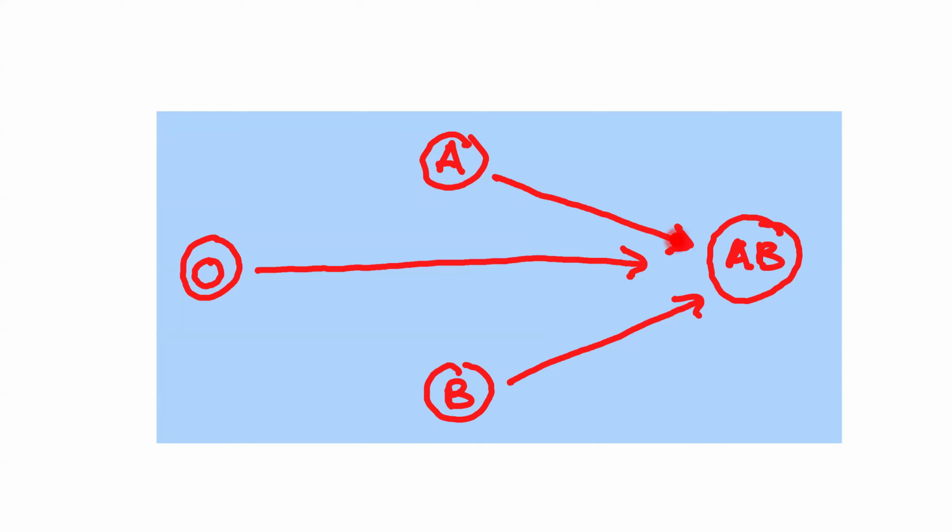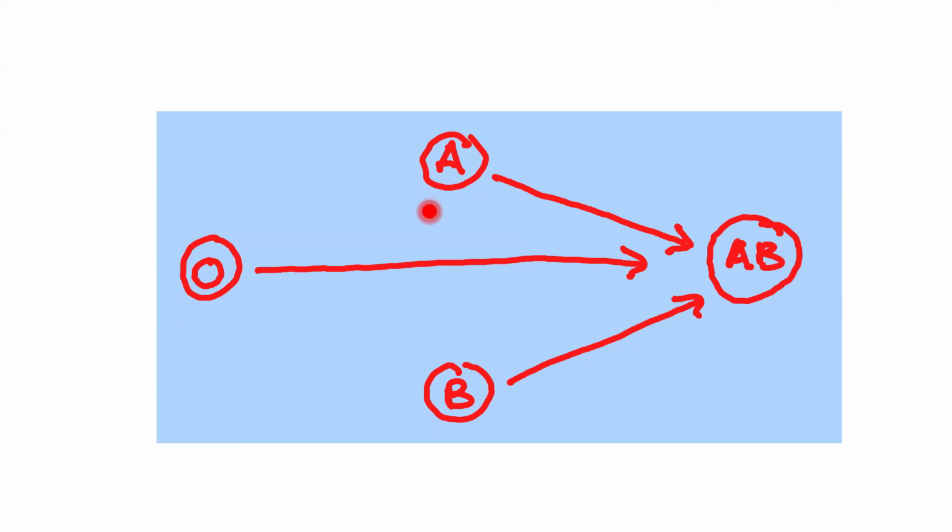So what happened to O? O does not have any antigen, right? Think now A is in the house. A has which antibody? B antibody.